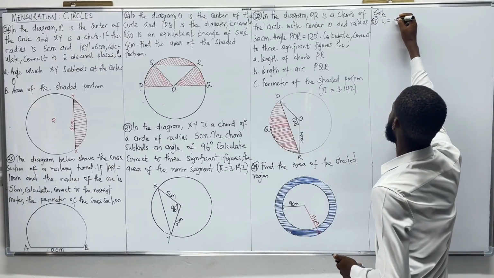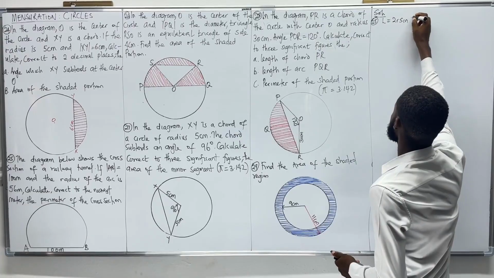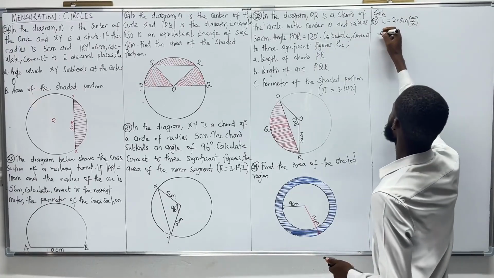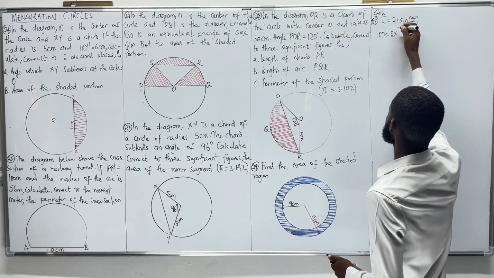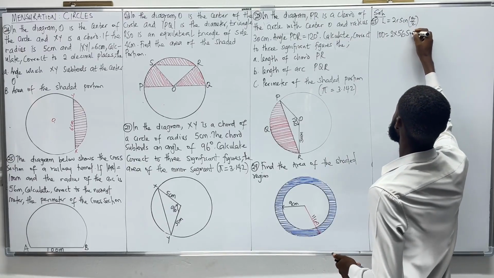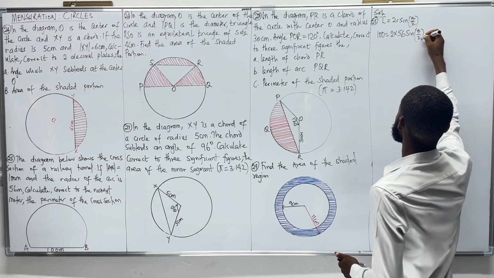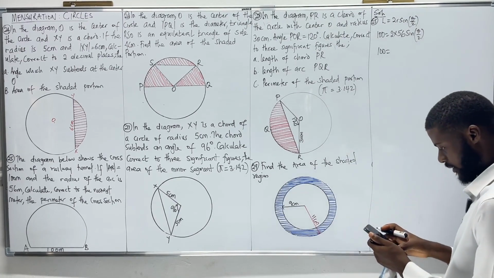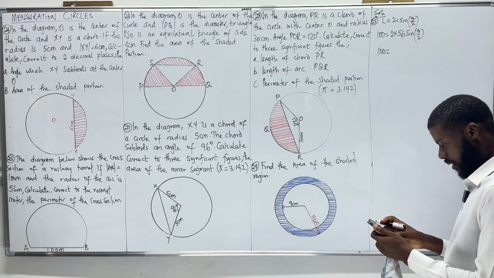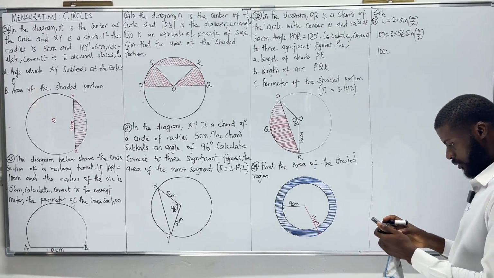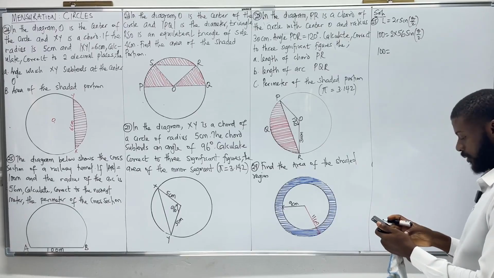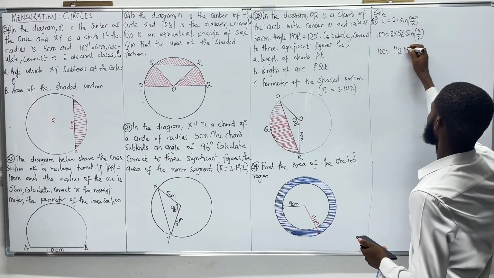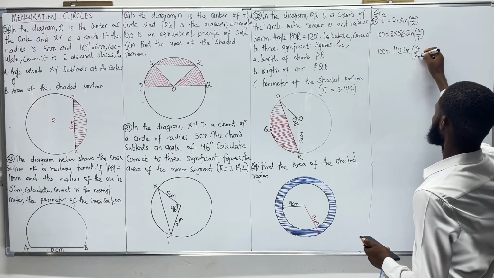The length of a chord is 2r sine theta over 2. The length of the chord is 100, so 100 equals 2 times 56 sine theta over 2. I need to use a calculator. 56 times 2 is 112, sine theta over 2.